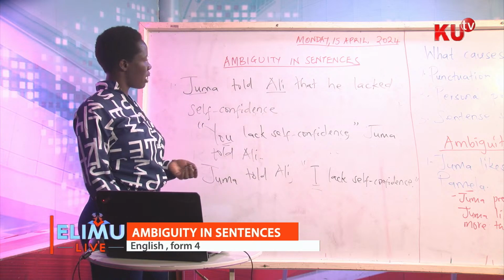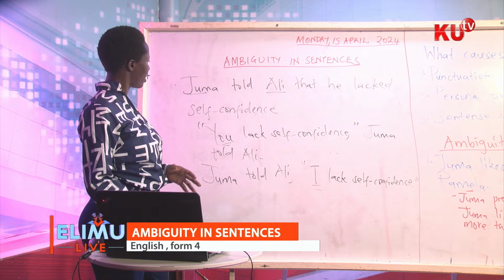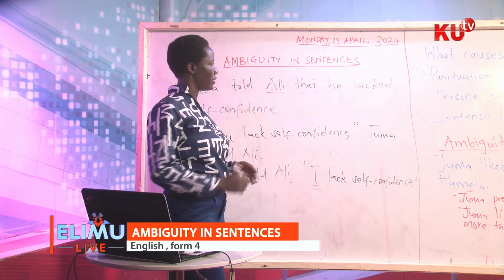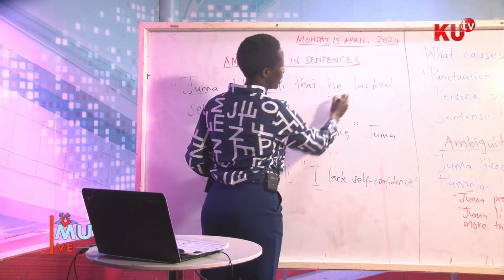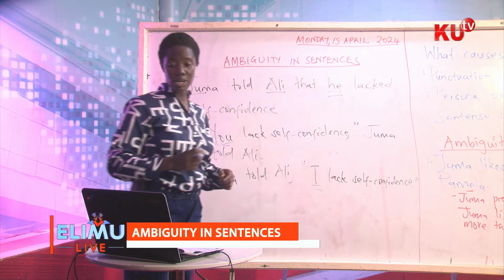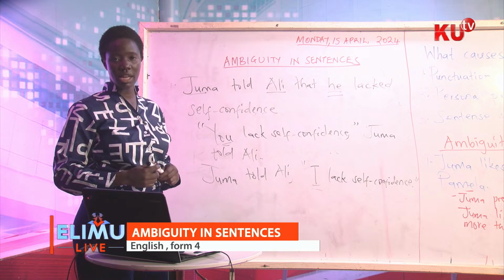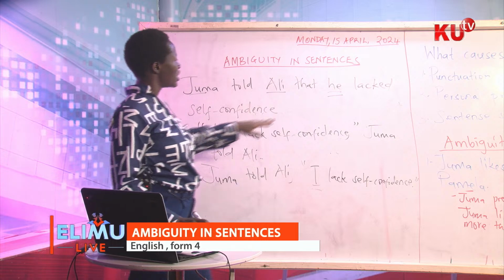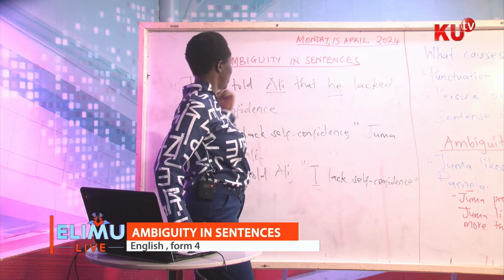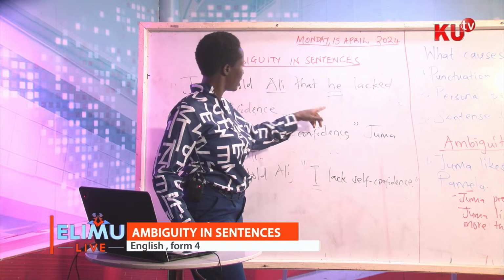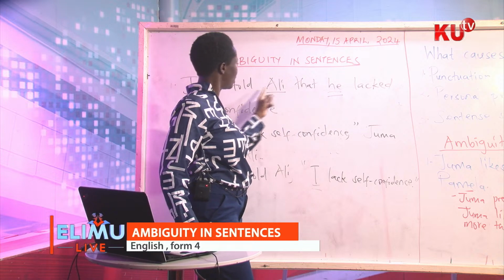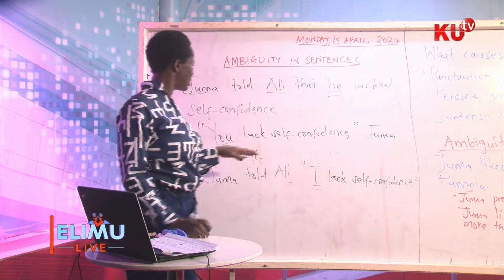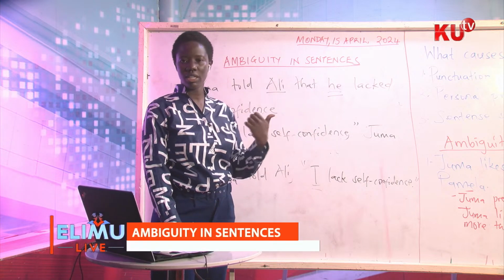So let's go back to the statement in question. Juma told Ali that he lacked self-confidence. We have the personal pronoun here, he, that brings about the ambiguity in this sentence. So he, in this case, can refer to Juma or Ali. If he refers to Ali, then you'll say, you lack self-confidence, Juma told Ali.